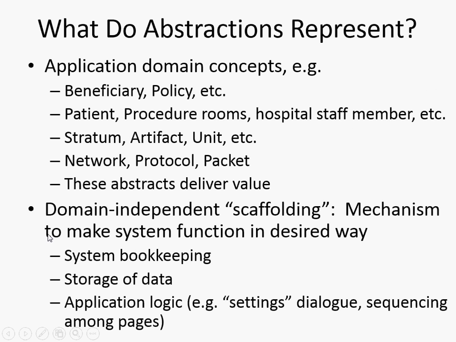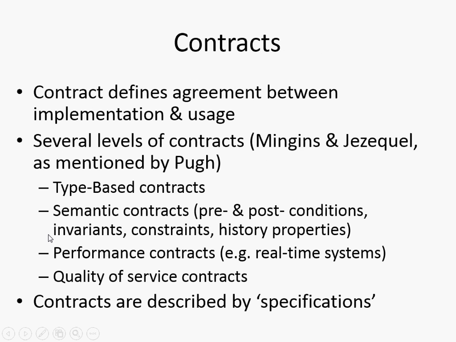Okay, so let's go talk about this. The contract defines the relationship between implementation and reuse. And there are several types of contracts that you'll find out there. We're going to be focusing on certain types of semantic contracts here, and to some degree type-based contracts. There are other contracts.